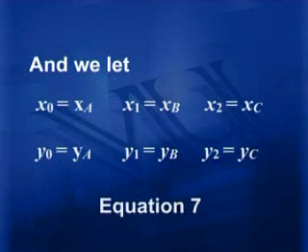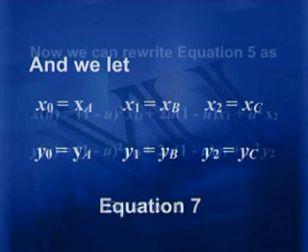Let x0 be equal to xa, x1 be equal to xb, x2 equal to xc. And similarly, let y0 be equal to ya, y1 be equal to yb, and let y2 be equal to yc. So now we have x0, x1, x2, y0, y1, y2 in place of xa, xb, xc, and ya, yb, yc. Let's mark this as equations 7.